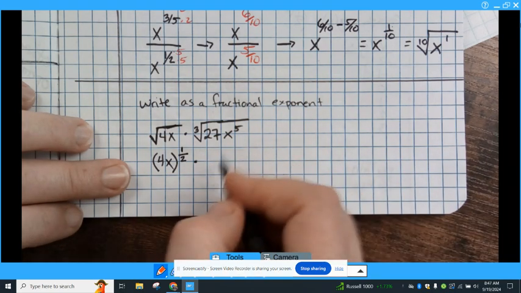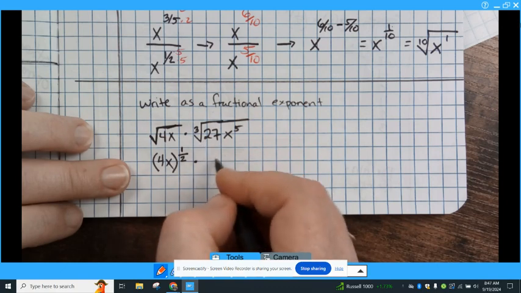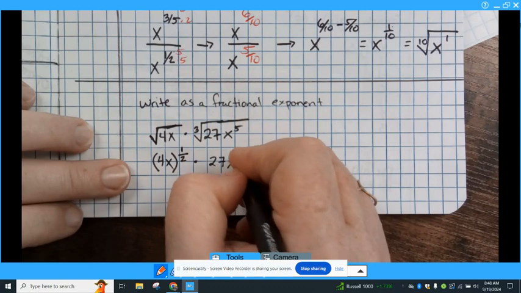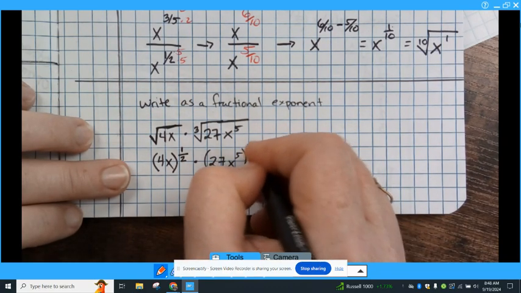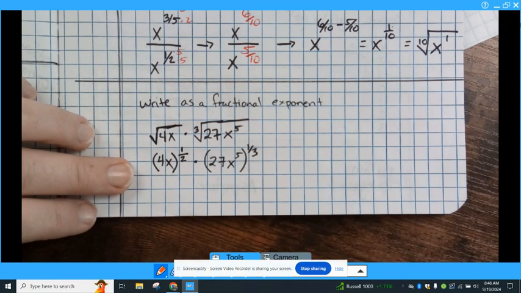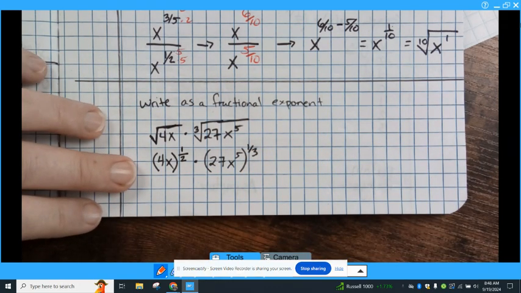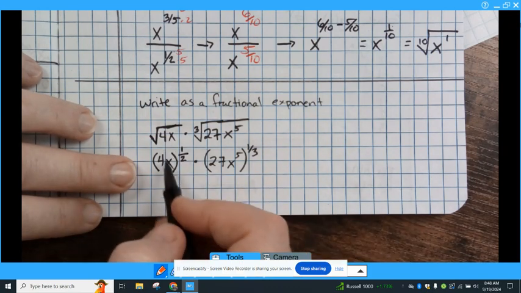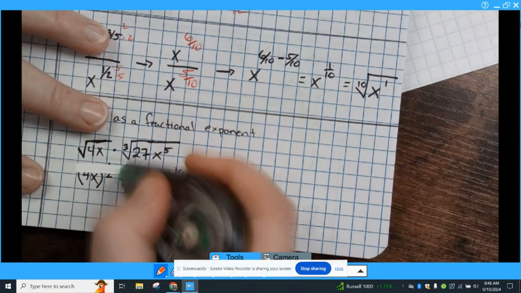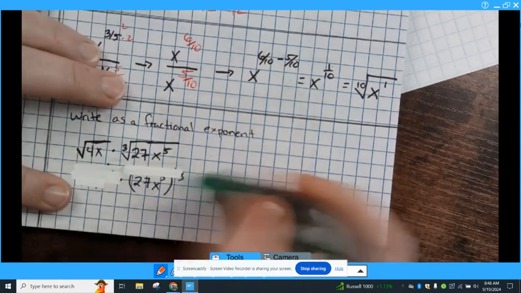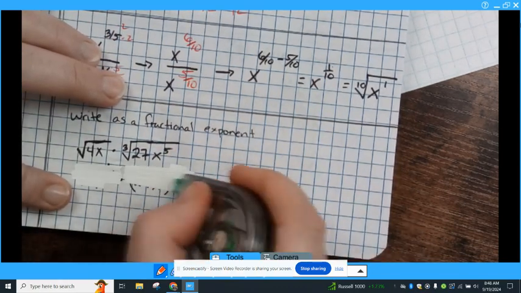This is the third root, so I'm going to put 27 x to the 5th, and all of this is to the third root. We're going to have to erase that. Do this a different way.